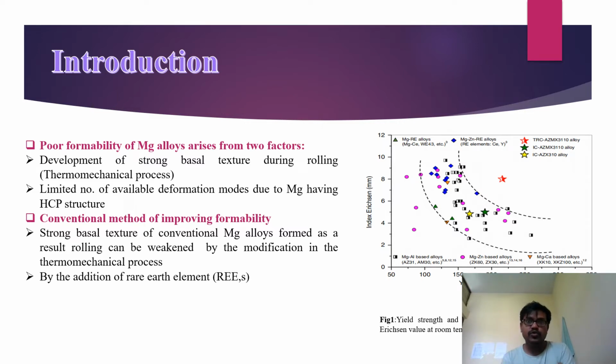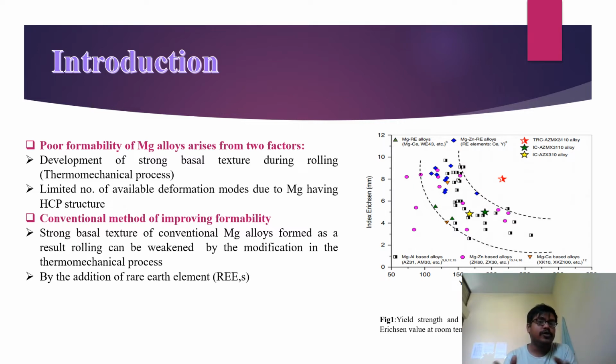When we use wrought magnesium alloy, we do some type of thermomechanical processing, and in the thermomechanical processing, it develops a strong basal texture, due to which we are not able to achieve good formability of the magnesium alloy. That is the problem with the formability of magnesium alloy. And the second reason is that magnesium alloy has an HCP, hexagonal close-packed, crystal structure, due to which it has very few slip systems available.